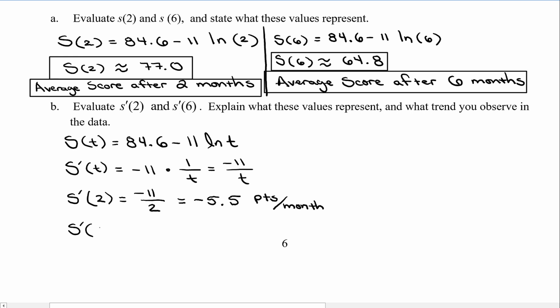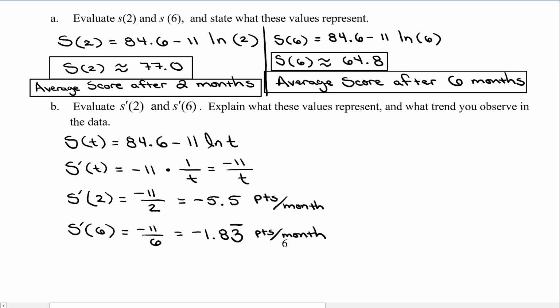S prime of 6 equals negative 11 divided by 6, which equals negative 1.83 with a repeating bar over the 3 points per month. So this negative value here represents that the average scores for the exam will be decreasing at a rate of 1.83 with a repeating bar over the 3 points per month, 6 months after the initial exam.